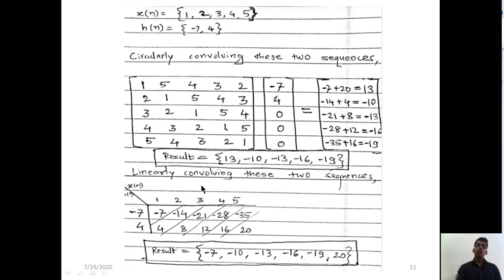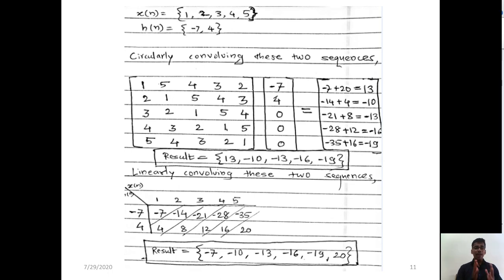Now if I look at the actual linear convolution of these two sequences using the standard way of finding linear convolution, and compare with the result obtained by direct circular convolution, I see that the minus 19 output sample is available here, minus 16 is available here, minus 13 is also available, minus 10 is also available, but the actual result minus 7 is not represented as minus 7; instead it is 13. So that is an incorrect result.